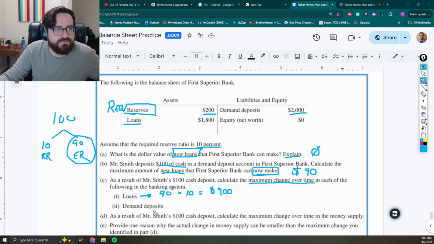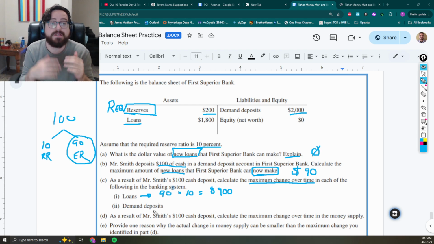Demand deposits. Let me reiterate how the multiplier effect works so you understand what this question is asking. Money gets deposited into the bank, gets loaned out to somebody. That person then deposits into their bank, and it gets loaned out to somebody else. Deposited, loaned out, deposited, loaned out. The bank is creating money because they're loaning out the same money multiple times over, but each person can spend that money.